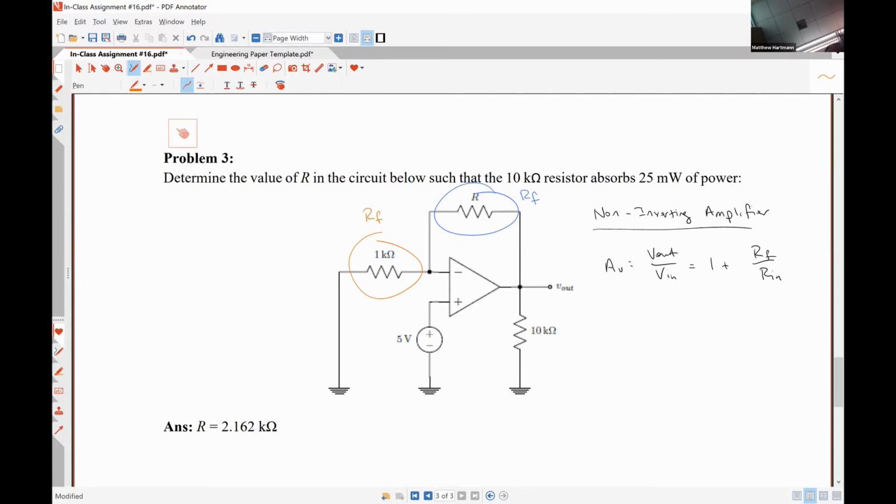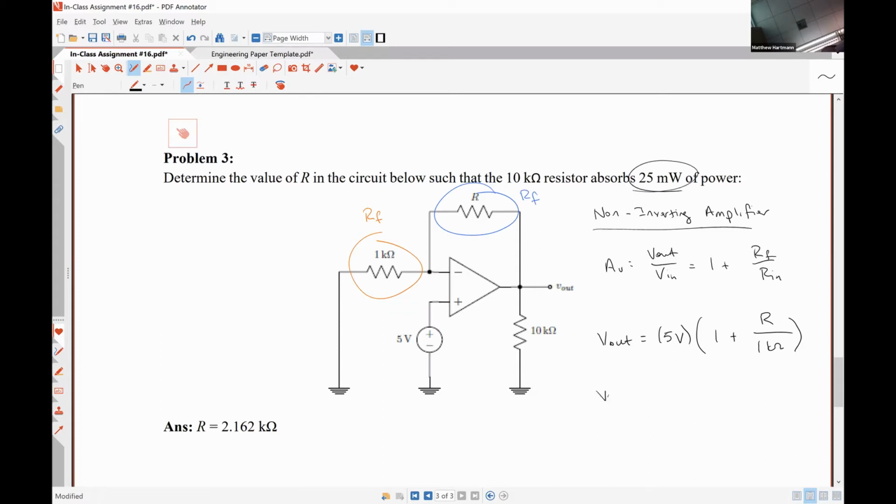So we will get the expression V out is equal to V in, which is 5 volts, times 1 plus R over 1 kilo ohm. So we have two unknowns here, but we're given enough information to find V out.